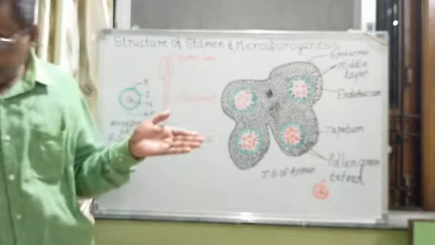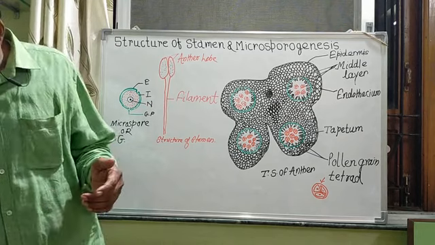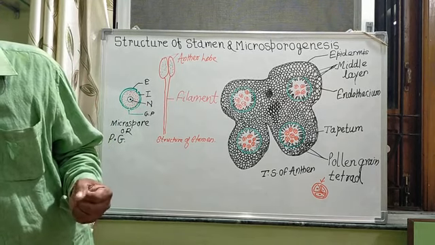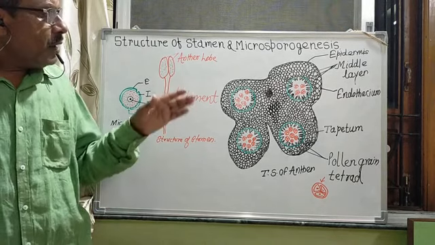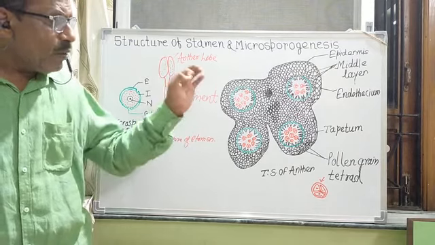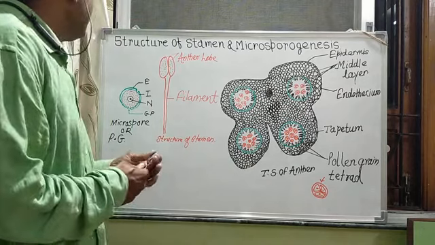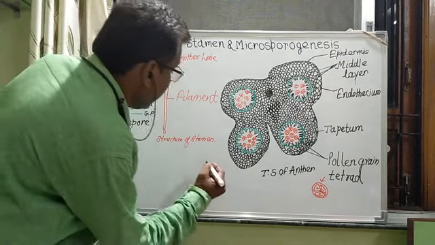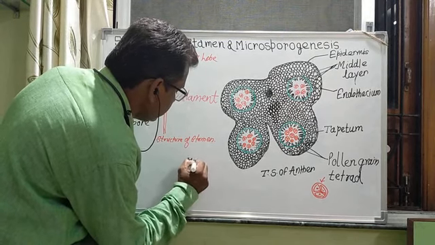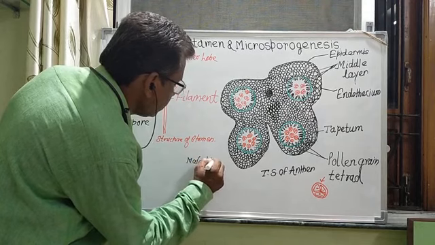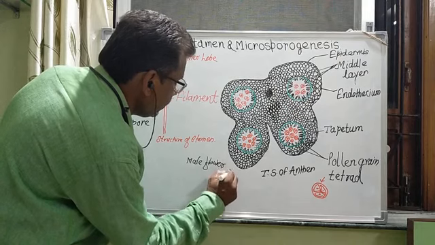So out of that, if in a flower only androecium is present, then such a flower is called a male flower. It is denoted by a sign like this.